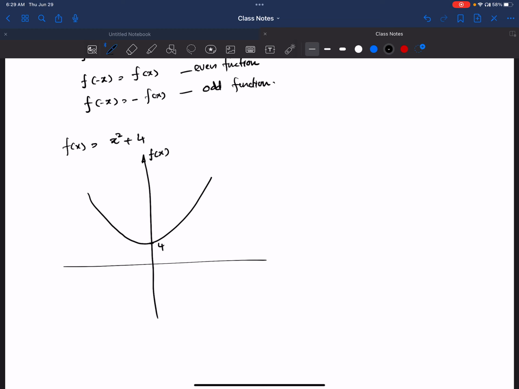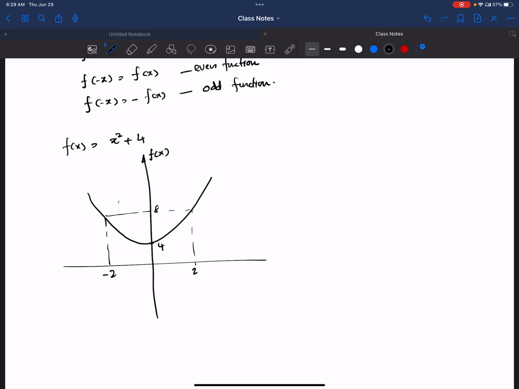You can see that f of negative 2 is equal to 2 squared, 4, plus 4 is 8, and positive 2 is also 8, right? So this is symmetric about the y-axis.